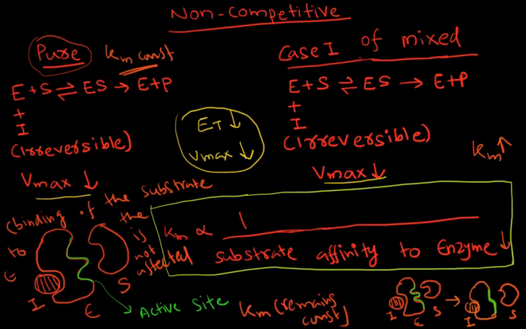But in the first case of mixed non-competitive inhibition, the Km increases because of these reasons. So this is it.